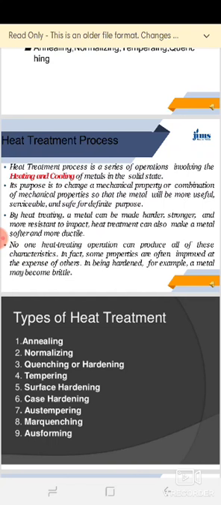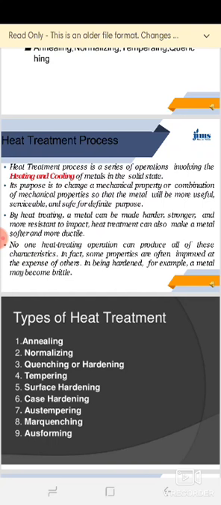Its purpose is to change a mechanical property or combination of mechanical properties so that the metal will be more useful, serviceable, and safe for a definite purpose, and also a long lasting material.